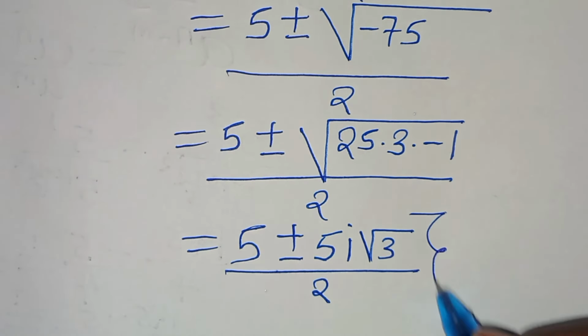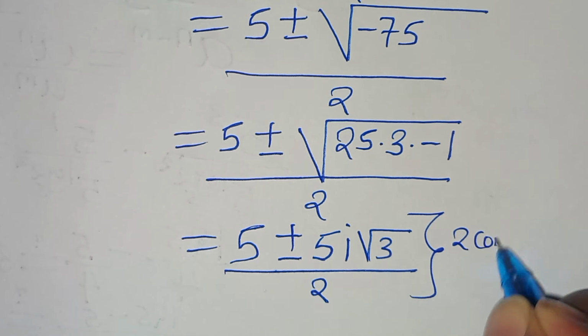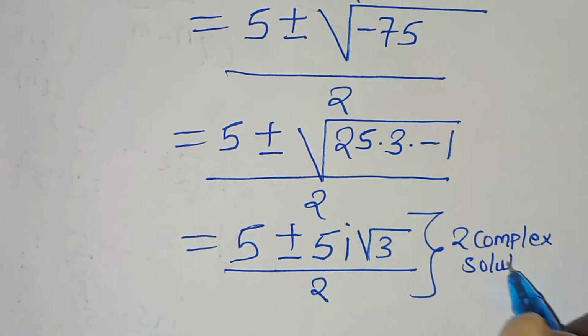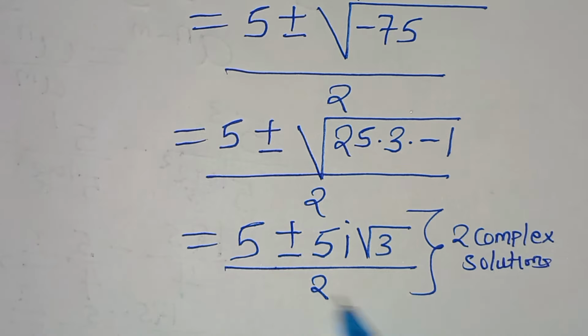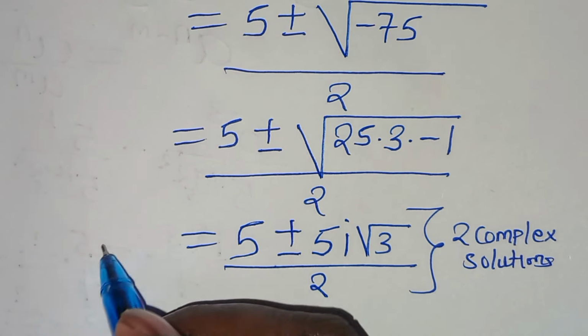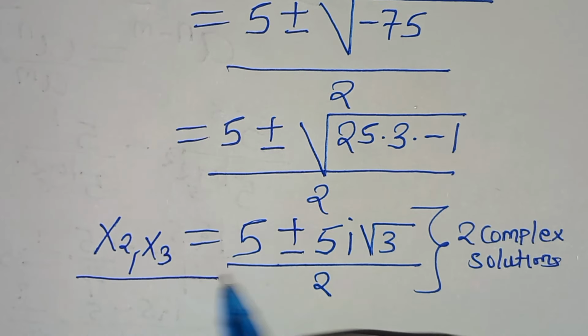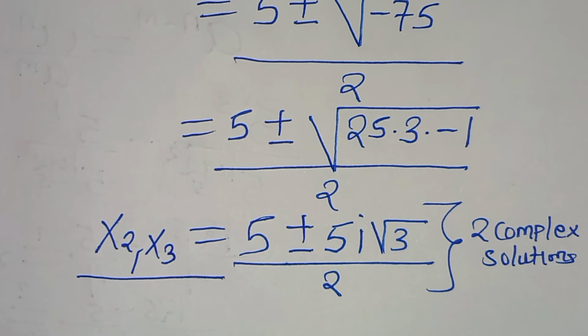So we find that these are two complex solutions under case 1. So this is x2, x3. Now let's proceed to case 2 from here.